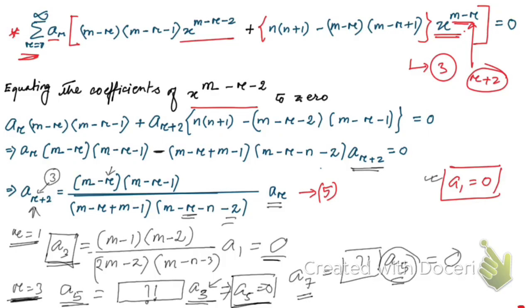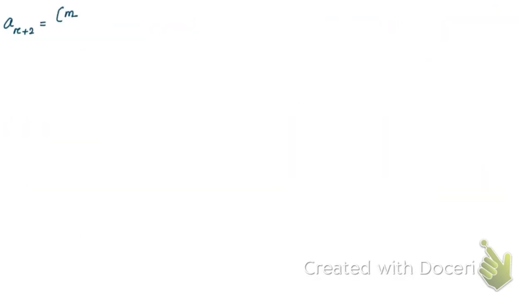That's why we can write that a1, a3, a5, a7, all these terms are equal to 0. Now let me copy this equation number 5 and go to a new slide, so that I can explain further. So let me write the equation number 5 here again.